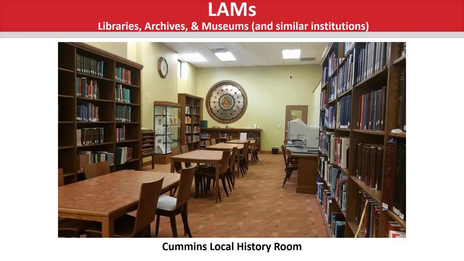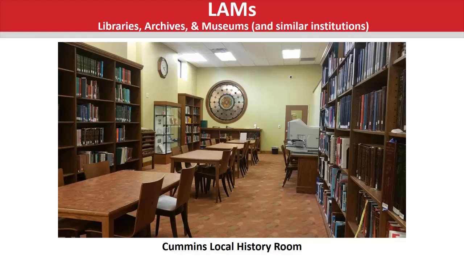This is a picture of the Cummins Local History Room. It's on the 4th floor of the Lane Library in Hamilton. We are an institution like this. We have a lot of different pieces of information on Butler County's history and the residents here. We have genealogy records, including cemetery, birth, death, marriage, things like that. We have the city directory collection.